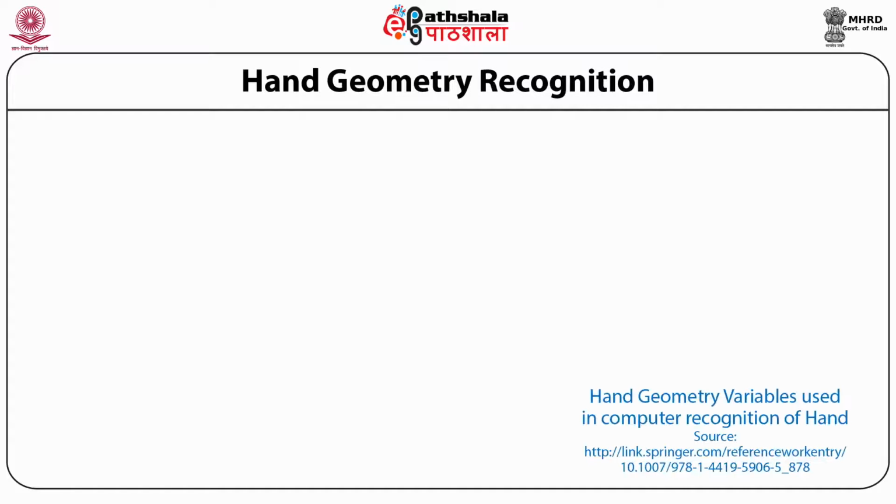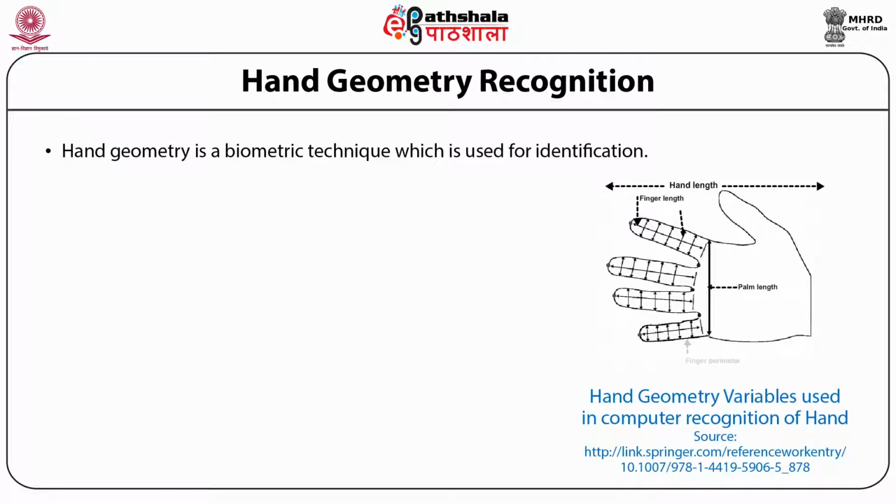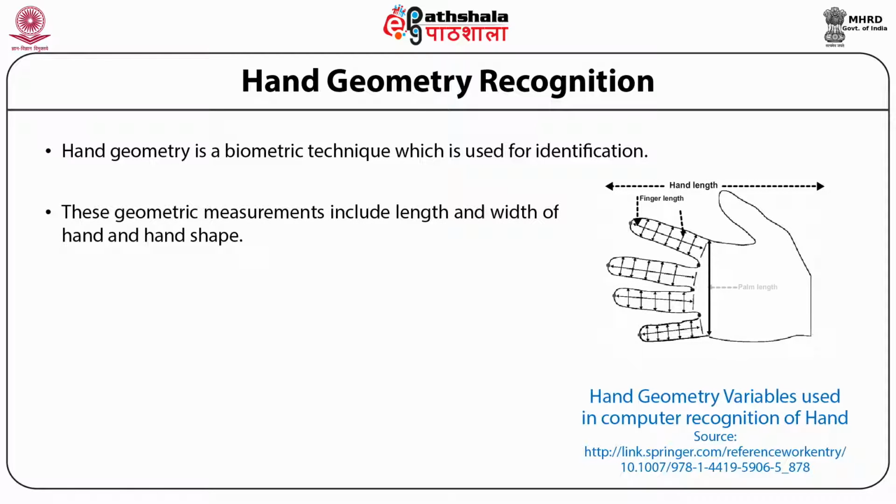Next, we have hand geometry recognition. Hand geometry is a biometric technique which is used for identification. It uses computer applications for hand geometry measurements. These geometric measurements include length and width of the hand shape.